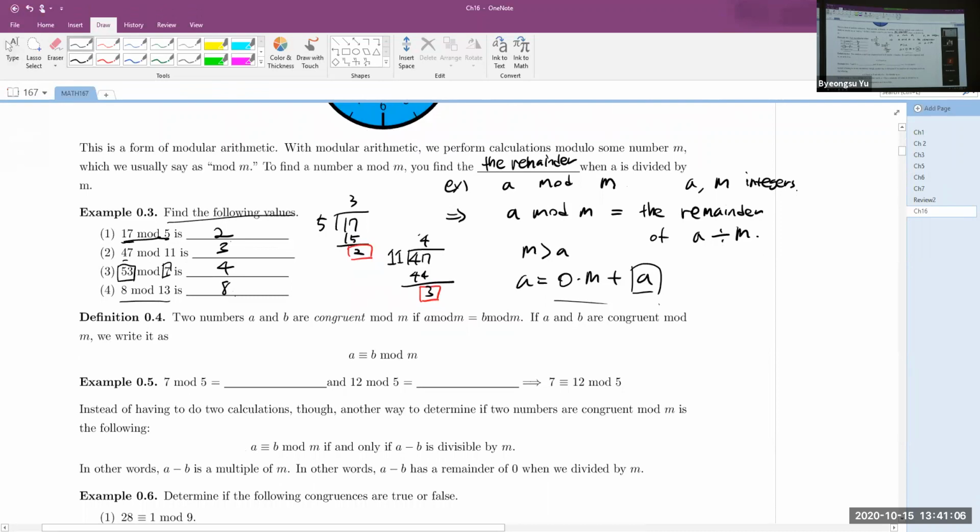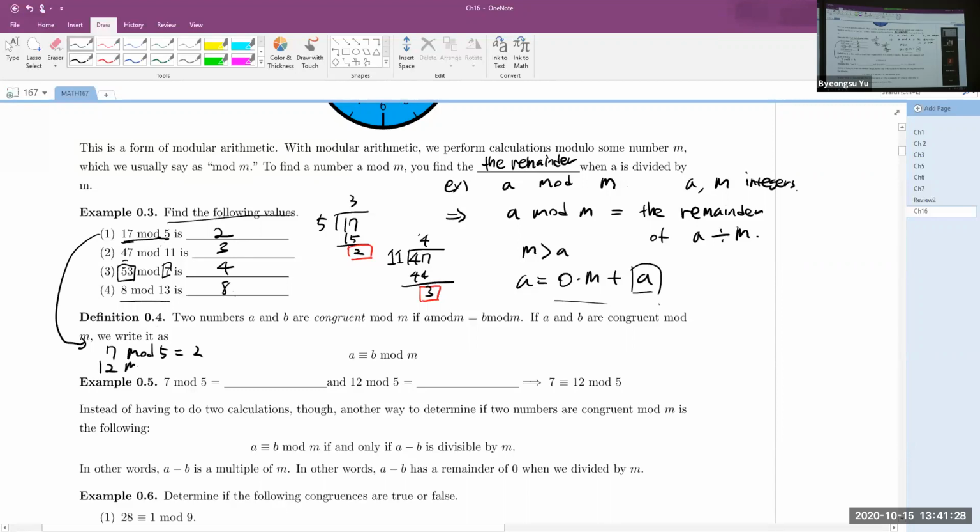Then maybe you can find that, for example, 17 mod 5 is 2, but 7 mod 5 is also 2, because if you divide 7 by 5, it is 5 times 1 plus 2. So that's why it is 2.